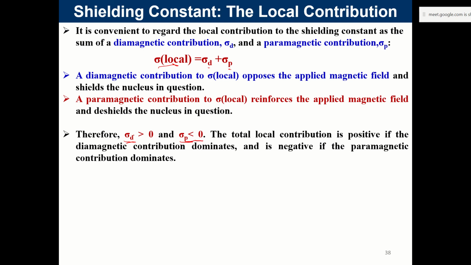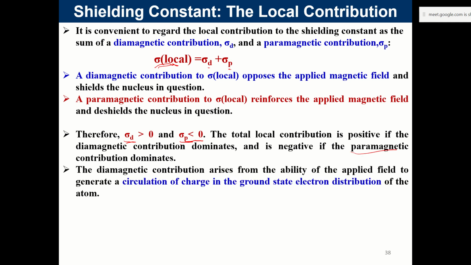A positive value of the contribution represents that the diamagnetic contribution dominates. A negative value of the overall shielding constant means the paramagnetic contribution dominates.